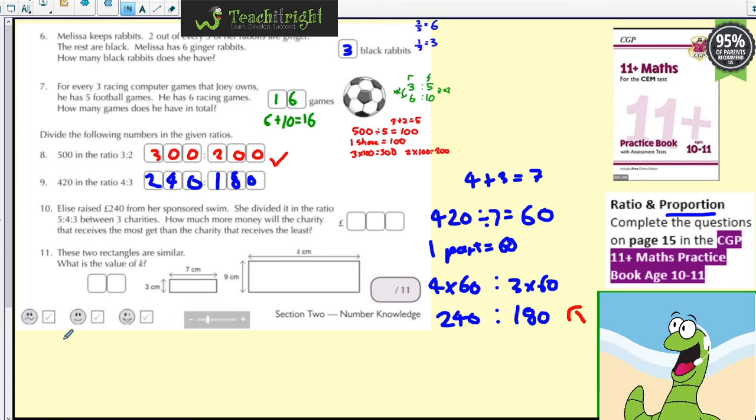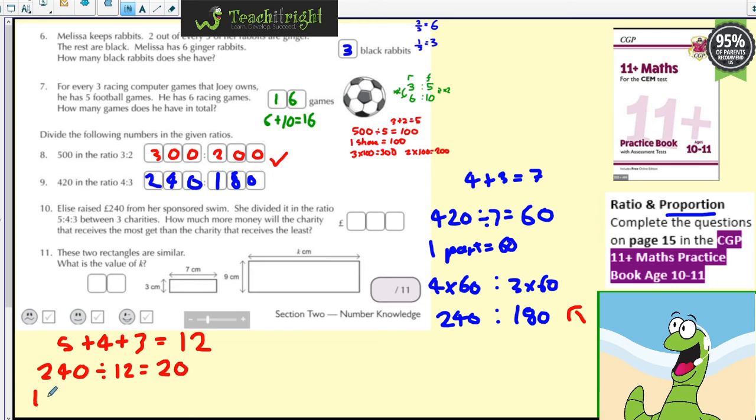But to start with, 5 plus 4 plus 3 will give us the number of shares we're dividing it into, and that adds to a total of 12. So we're dividing it into 12 shares. So 240 divided by 12 is going to equal 20.